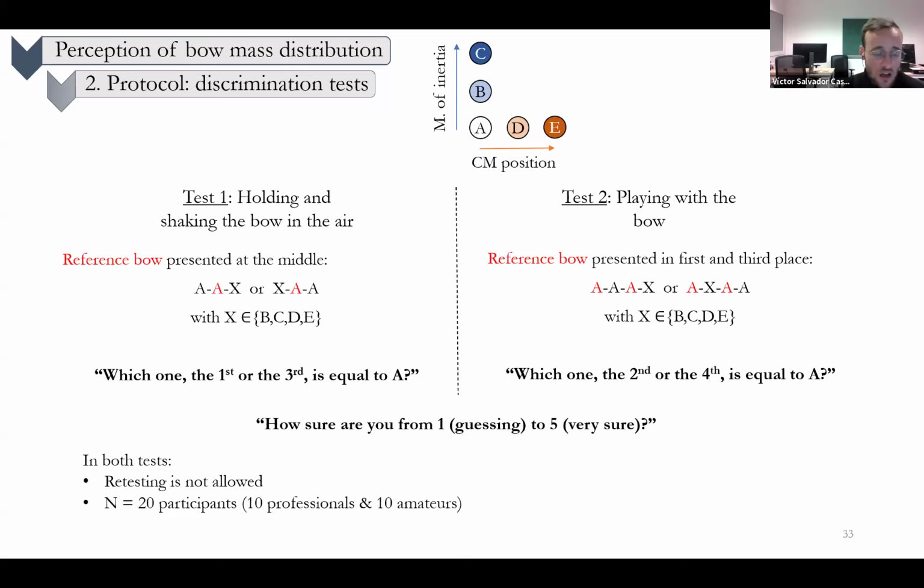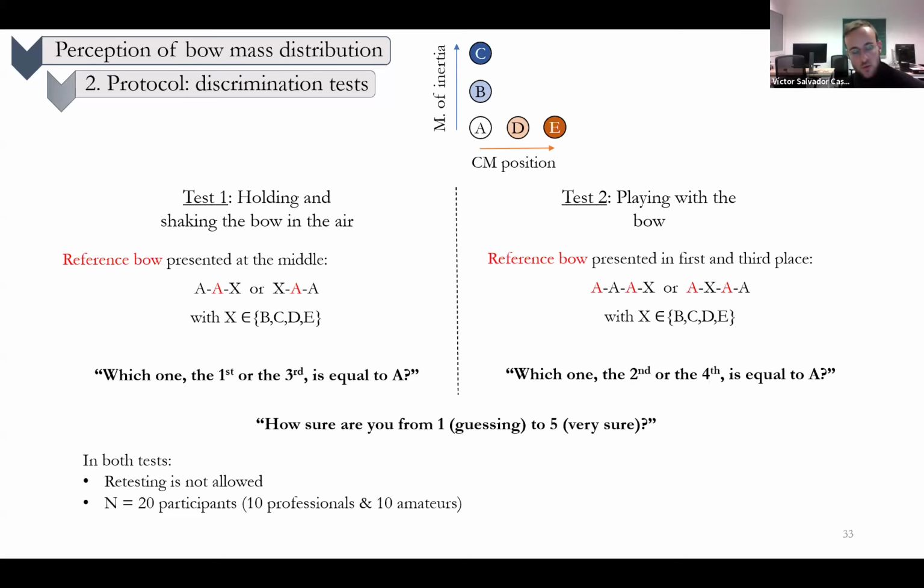And we used this type of test, in which we put a reference bow, which was in all cases bow A, in the middle of the sequence, and we could have two variants: one with an anonymous bow before and the different one after, or the other way around.